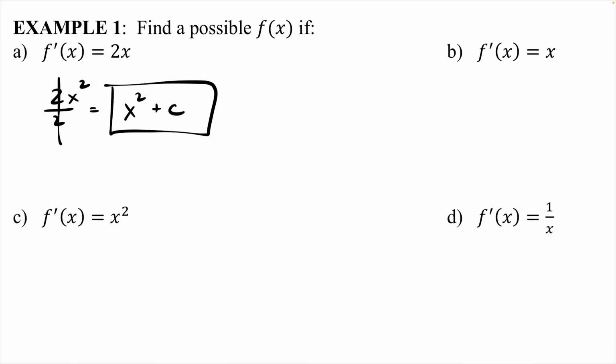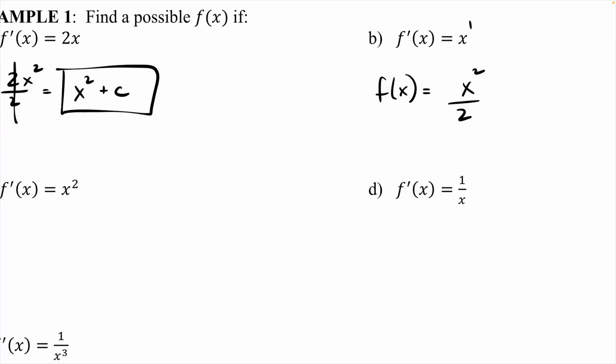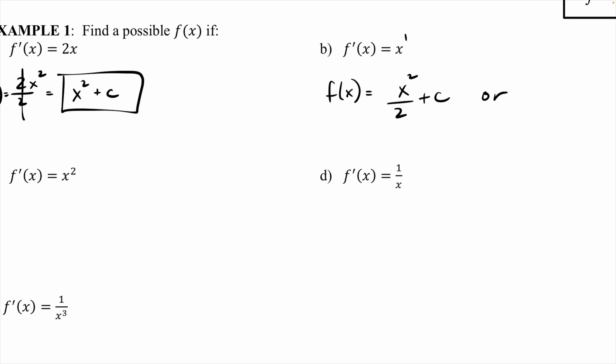Okay, what about f of x equals x? So we would use the power rule again, right? The power rule says add 1 to the power. It had 1 to begin with, so that means 2, and then I've got to divide by 2, right? Plus c. You can leave it like that, or you can say 1/2 x squared plus c.